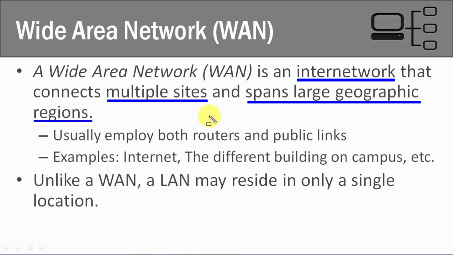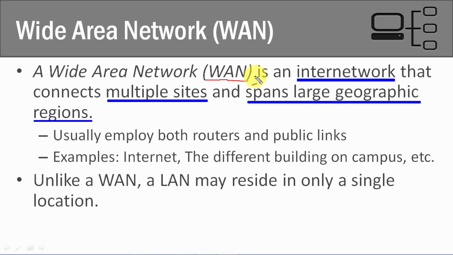However, when you connect them all together across the United States, then it becomes what we call a WAN. It's no longer a local area network when you connect them together, because when you connect across a large geographic region, we can no longer consider it a local area network, and we have to call it a WAN. And this will make more sense when I show you some diagrams in the next pages.